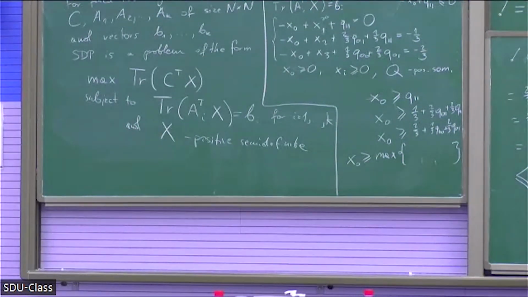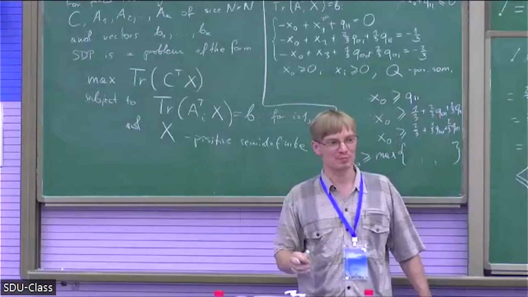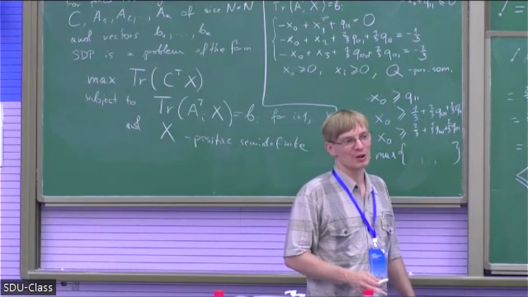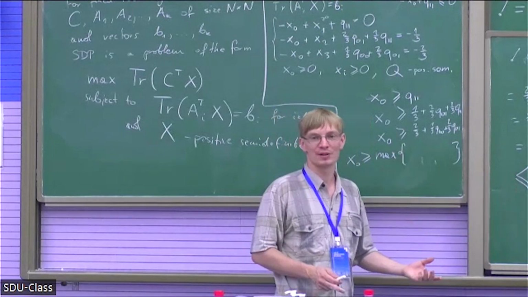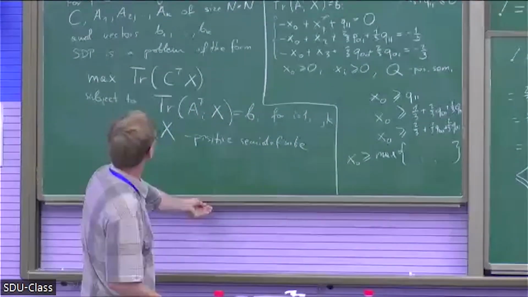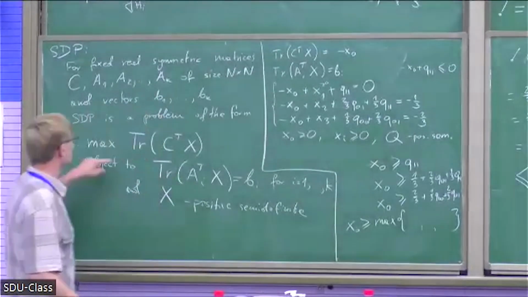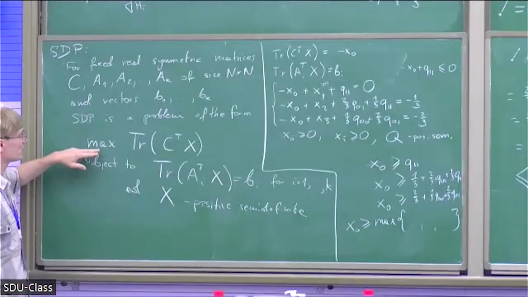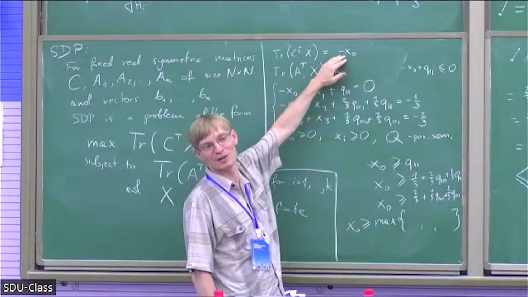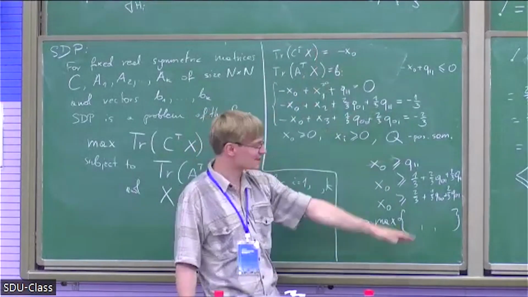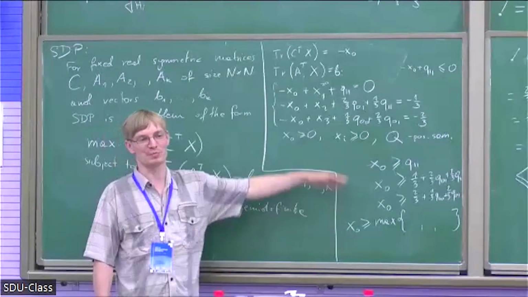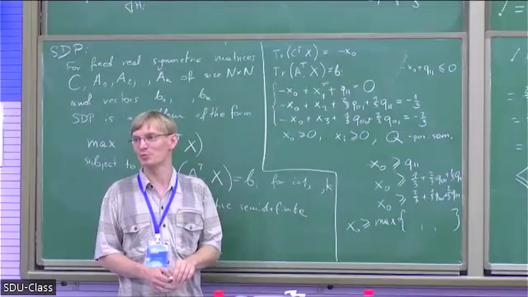Which means that this Q00 is upper bounding the thing that I want to upper bound, which means if I minimize x0, I get exactly the best bound I can prove. My problem here, this semi-definite programming, is maximizing minus x0, which is minimizing x0, which is exactly what I need. Minimizing x0 is minimizing the upper bound that I can have for my problem.